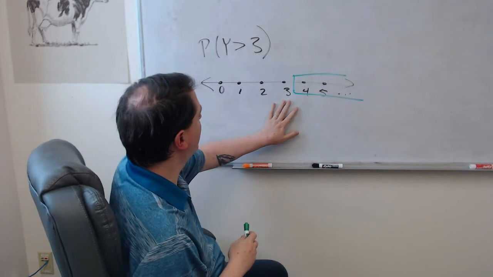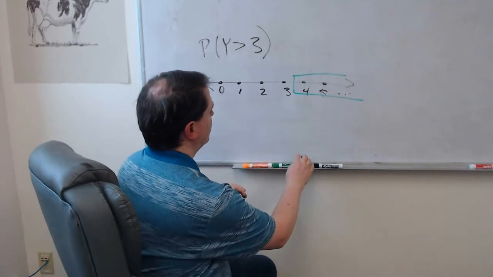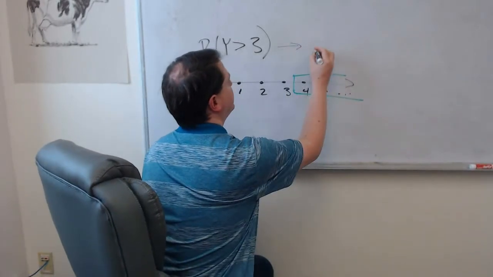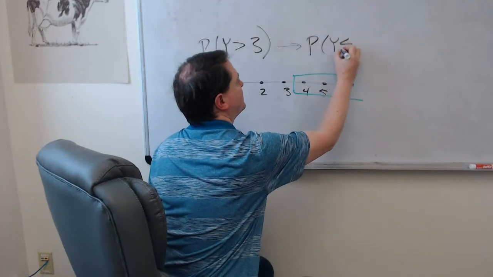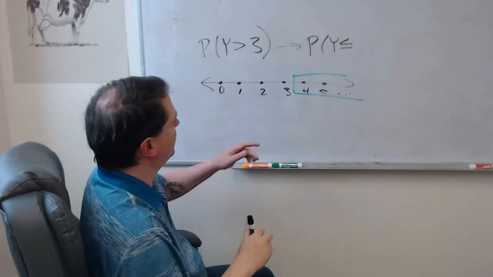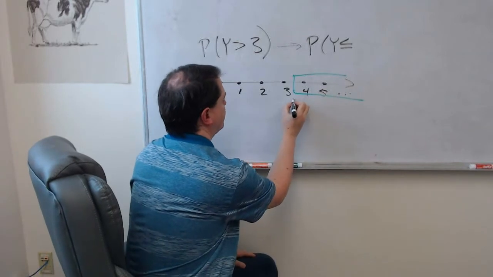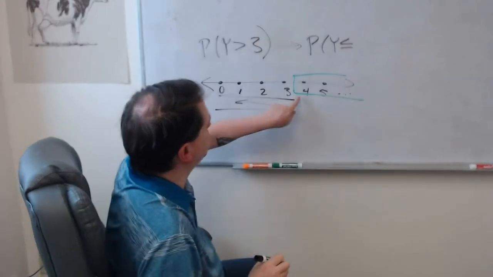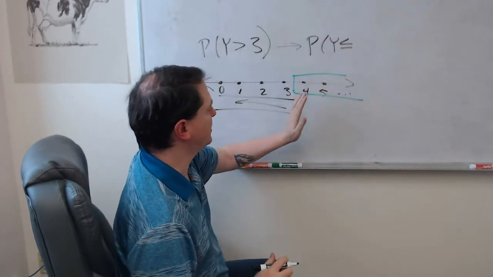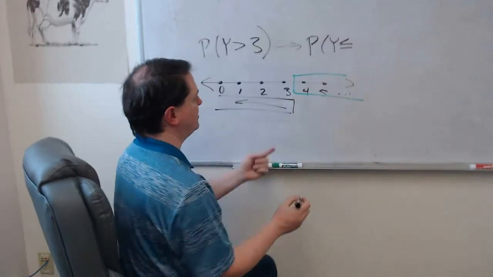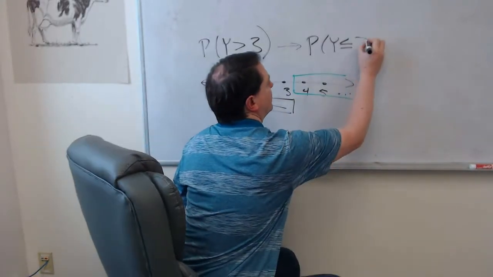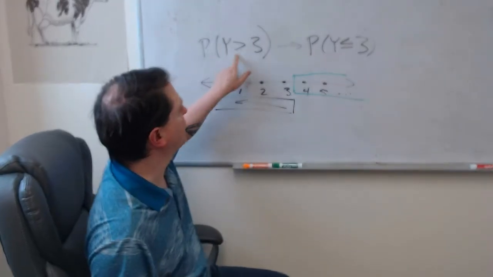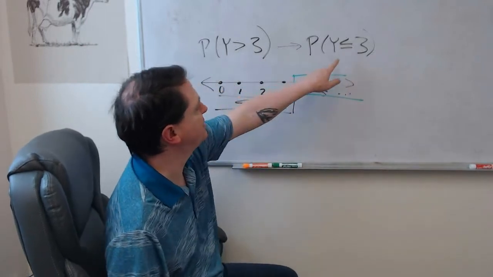So I want to look at the complement of that to flip the direction on this, because remember, I need to somehow transition this to be a probability that's less than or equal to some number. Well, as I look at this, to get the complement over here, the complement of more than 3, right? All the other numbers that are left over, once I eliminate these, are 3 or less. Well, that solved it right there, right? I went from greater than to less than or equal to in one step.